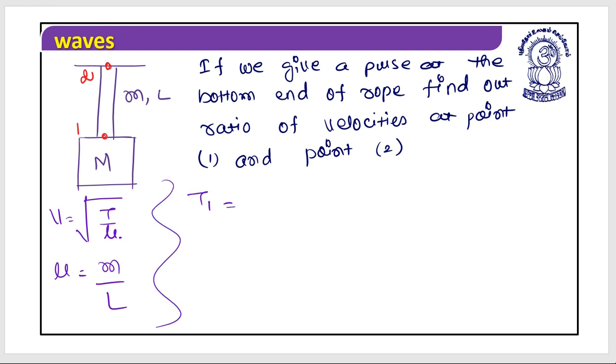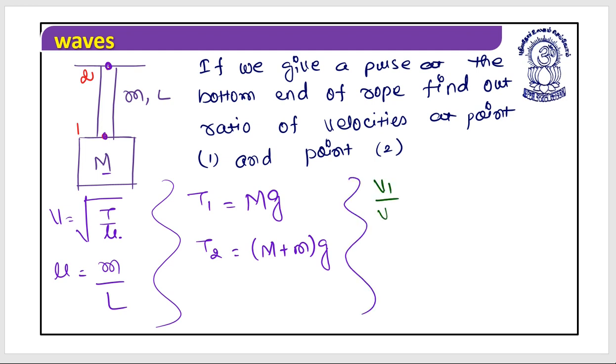So mu is fixed. Now I need to arrange the tension at these two points. Tension at 1, as you know, is the point where only capital mass M would be there for the tension, and this is equal to Mg. And if I find the tension at location T2, then both the masses would be included, and this is equal to capital M plus small m into g. Mu is the same for both cases, so v1 is to v2 equals root of T1 is to T2.